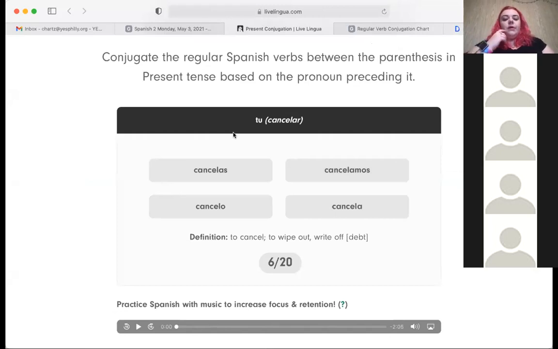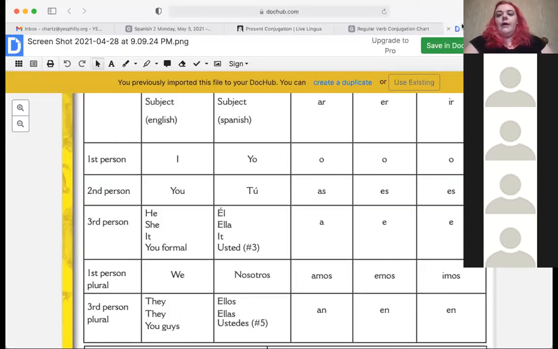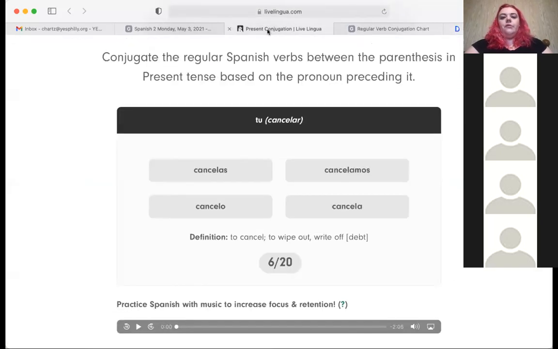So for this next one here, we have tú. That's our subject. Does that make sense, Deja? You kind of understand that? Okay, good. This chart that I have here is on Google Classroom, and we'll go over that then. So tú is our subject, and our verb is cancelar.